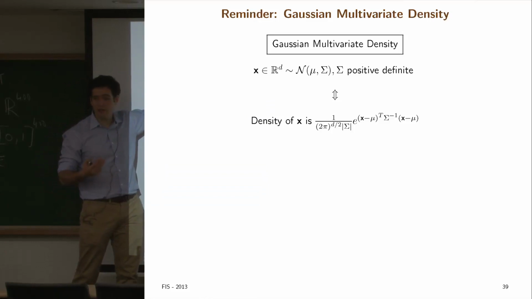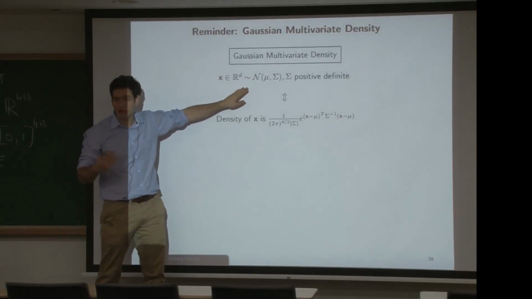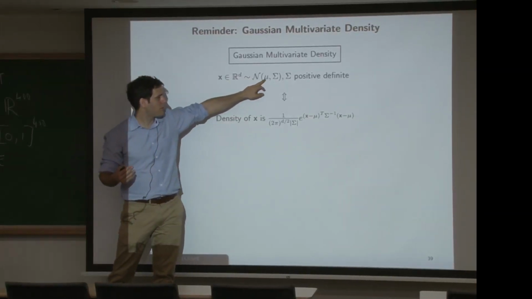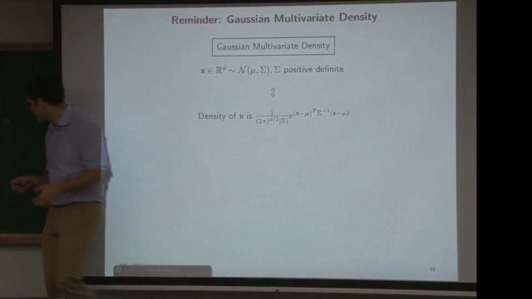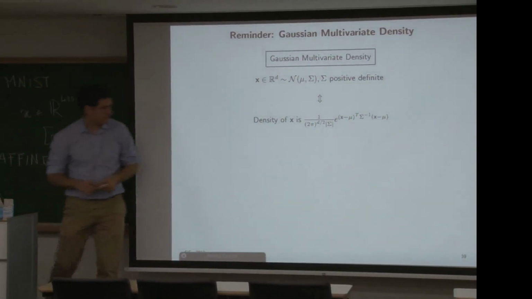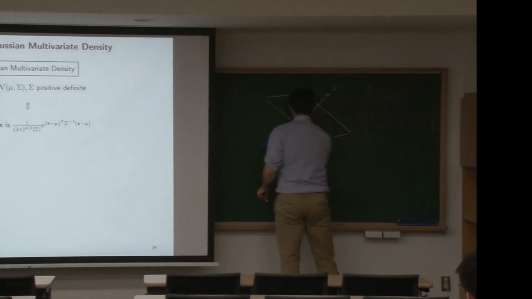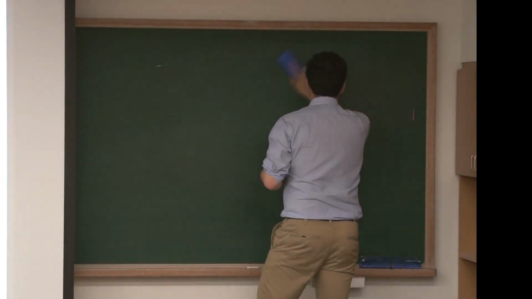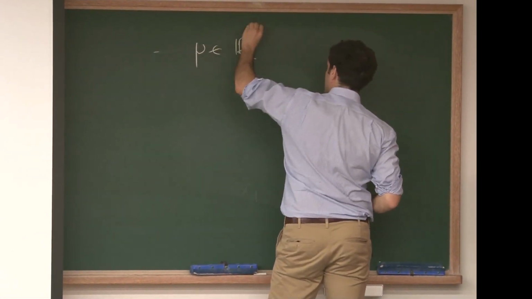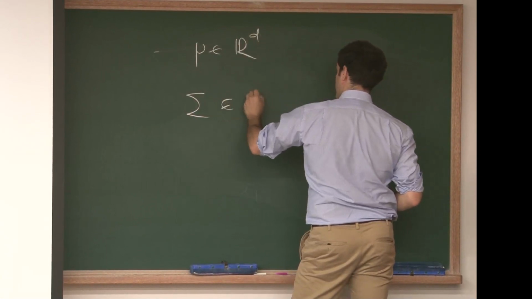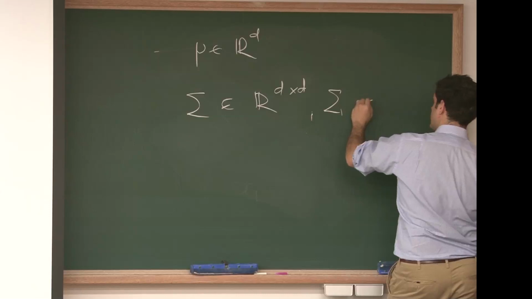If a random vector x is distributed as a multivariate Gaussian density with a mean vector mu, which is in R^D, and a matrix sigma, I'm sorry, I should have written this explicitly. So mu is in R^D, and sigma is in R^(D times D), and sigma is positive semi-definite.